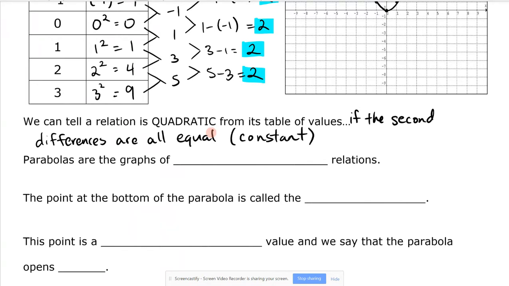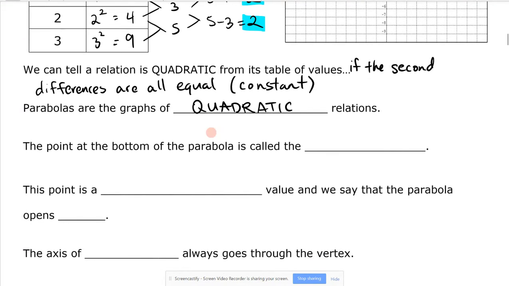Parabolas, the shape of a parabola, these are the graphs of a quadratic relation. So the kind of branch of mathematics we're talking about is quadratics. They are a type of relation, and the shape of the graph is what we call a parabola.